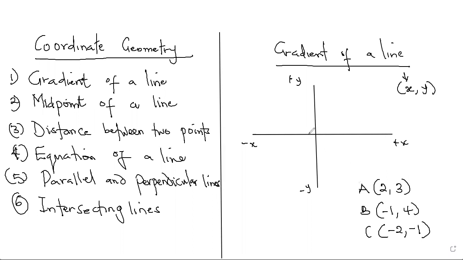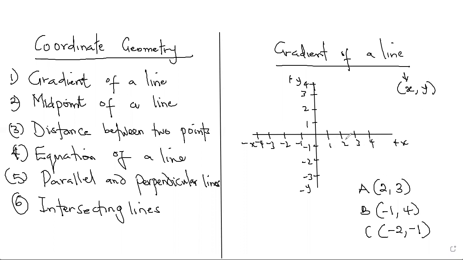So you have to locate these points. Let me calibrate the axes. Let's say this is 1, 2, 3, 4, then 1, 2, 3, 4, and on the negative side -1, -2, -3, then -1, -2, -3, -4. So how do you locate point A? The 2 will be x, and the 3 will be y.